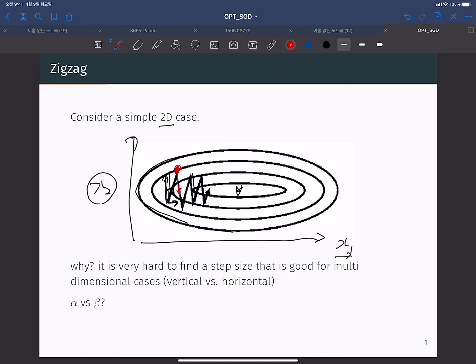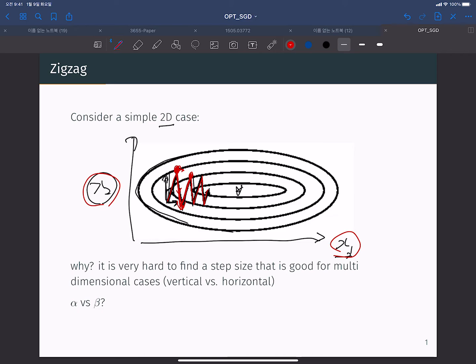And again, because the gradient with respect to the x2 axis is much higher than the gradient with respect to the x1 axis, you have a very huge update in the x2 direction, but a very tiny movement toward the x1 direction. So you iteratively observe this behavior, and then you have this zigzag behavior.